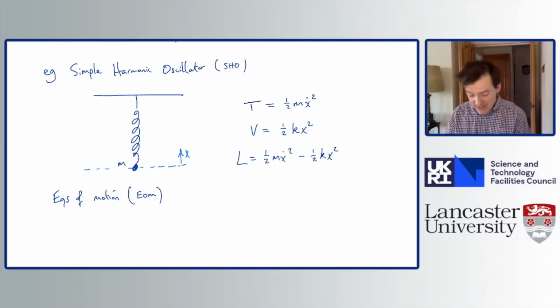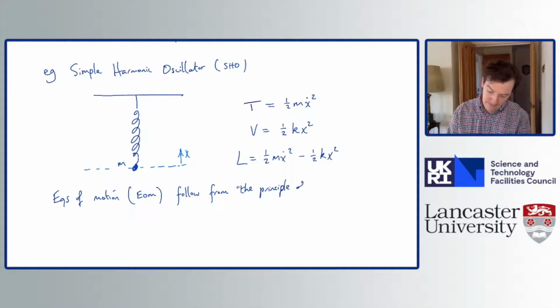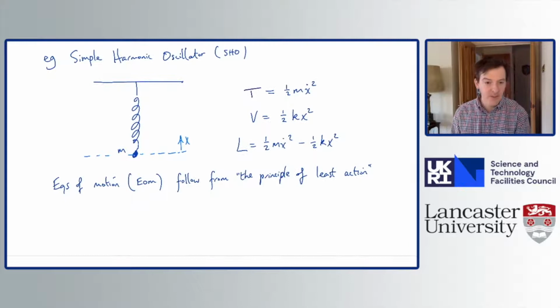The equations of motion follow from this Lagrangian, in particular from an important principle called the principle of least action. We are going to use this principle of least action to work out what the equations of motion are, because then we can understand dynamics in the system.